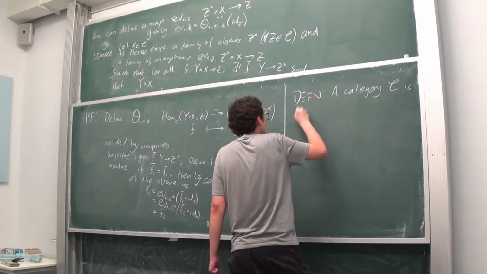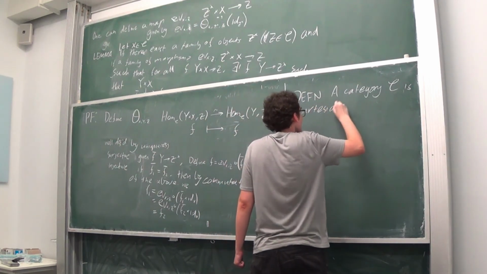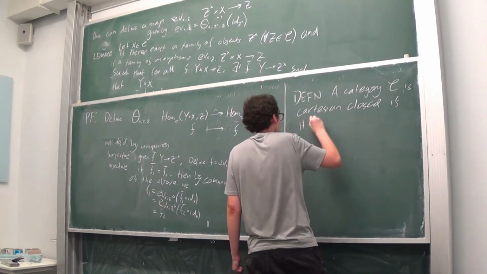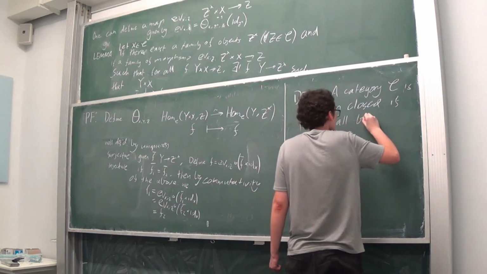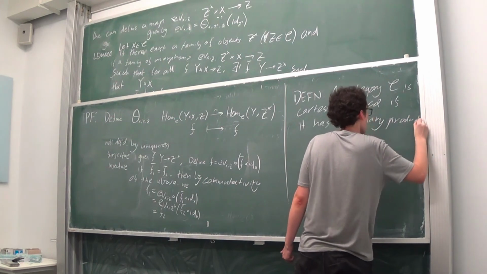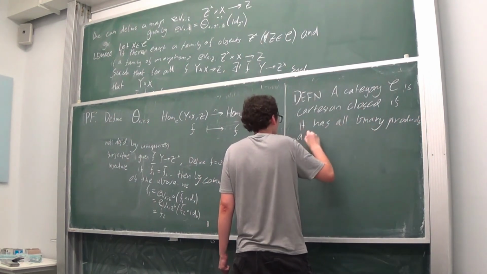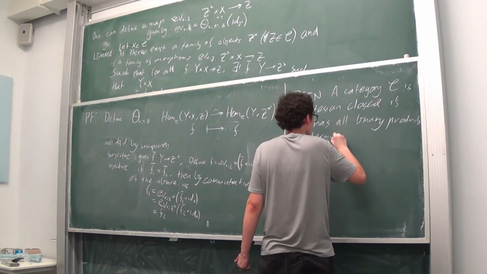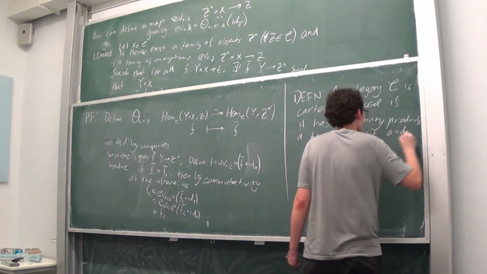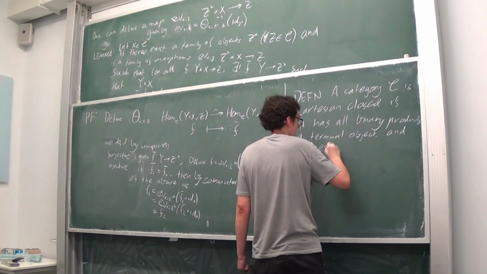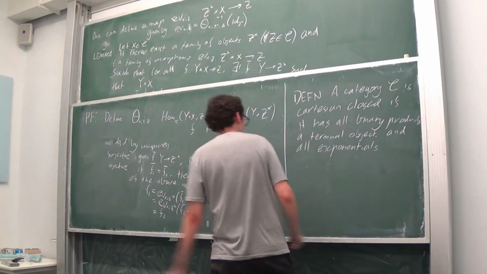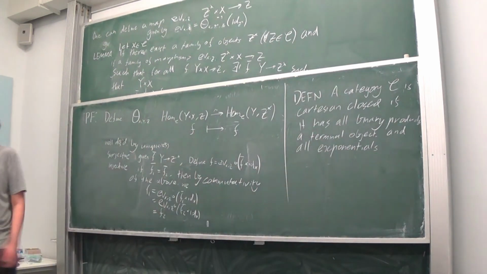So C is Cartesian closed if it has all binary products, a terminal object, and all exponentials. Cool. That's the end.